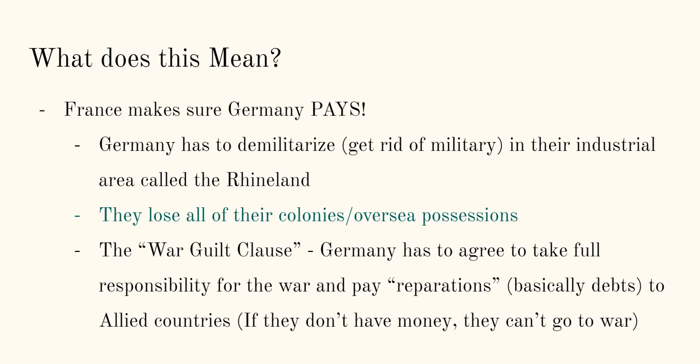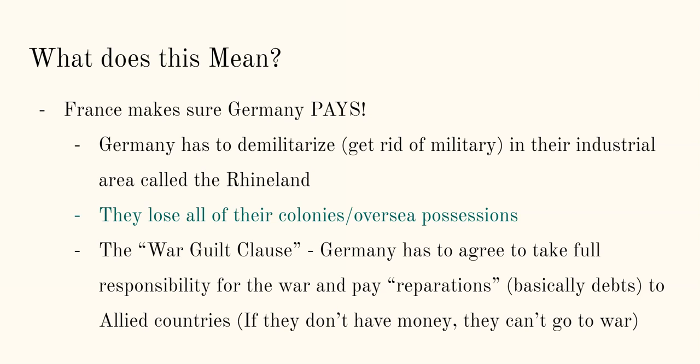Germany had to agree that they were the ones responsible for everything. They were the sole cause, the single country responsible for all of World War I. And because of that, they were the ones that had to pay what are called reparations, or what we can pretty much call debts to these Allied countries.